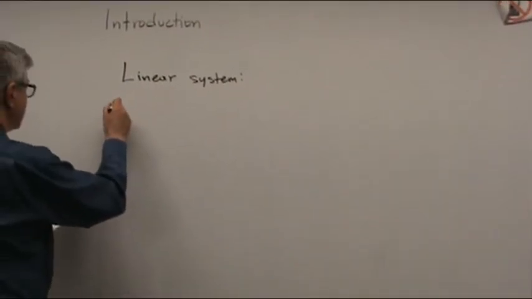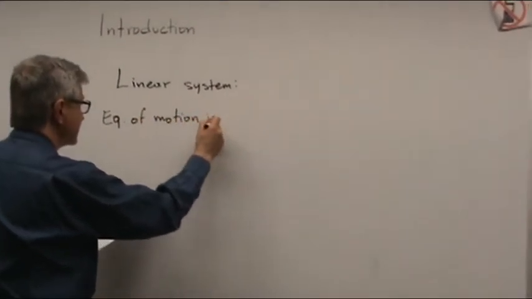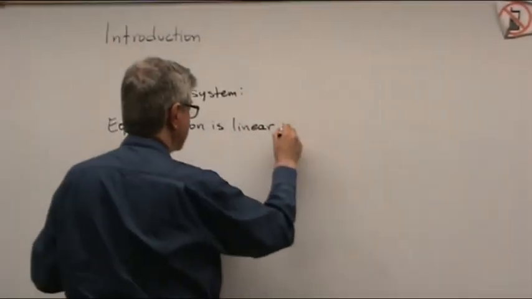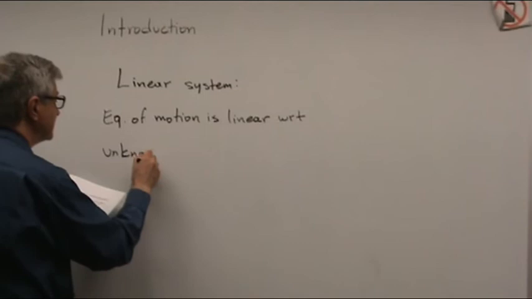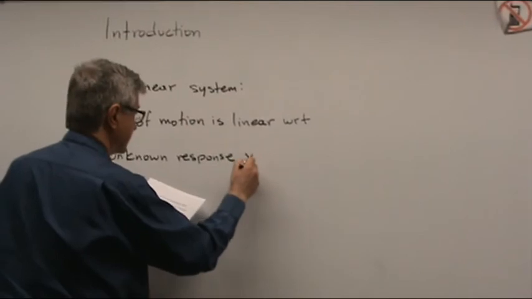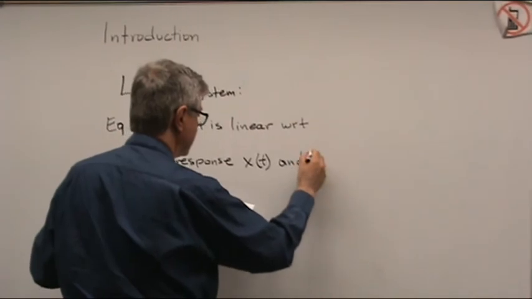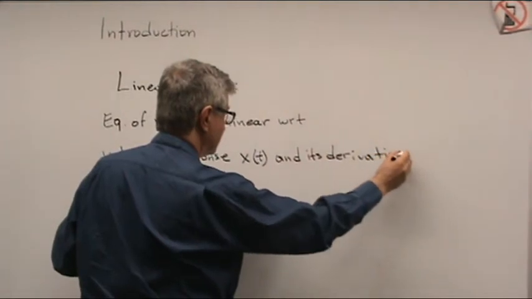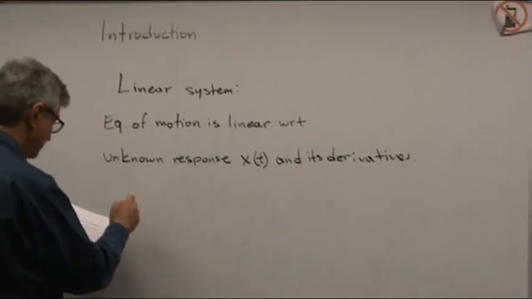So the equation of motion is linear with respect to the unknown response, let's say x of t, and its derivatives. Okay, that's the definition of a linear system.